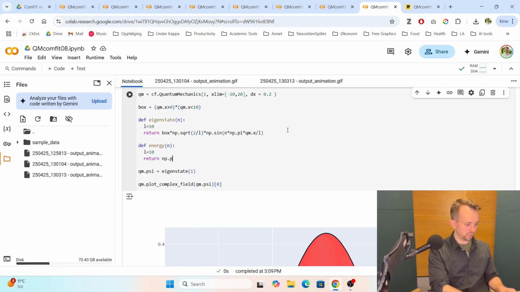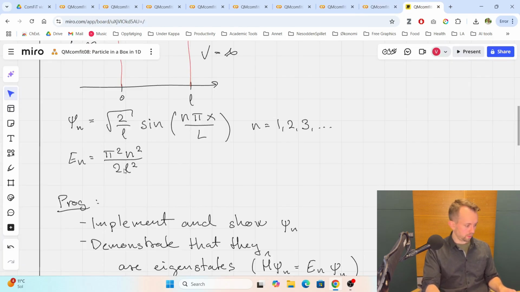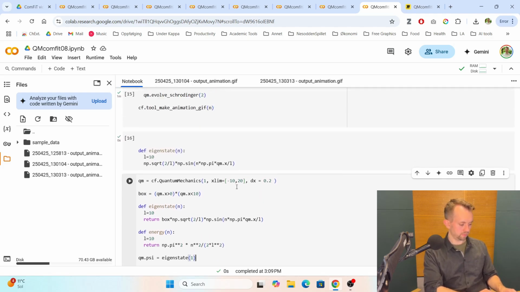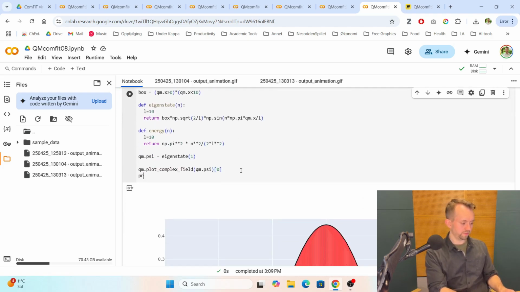So np.pi squared times, was it L squared? No, n squared, divided by 2L squared. Like this. So let's just print the eigenenergy.